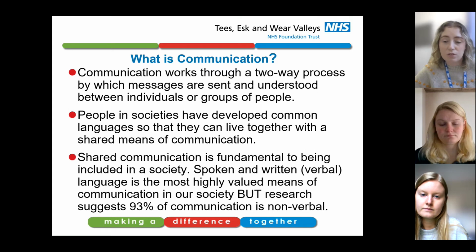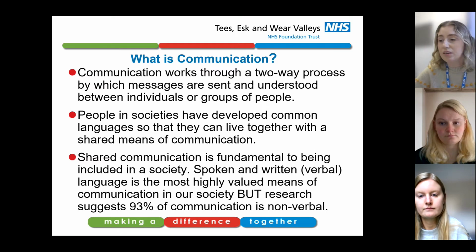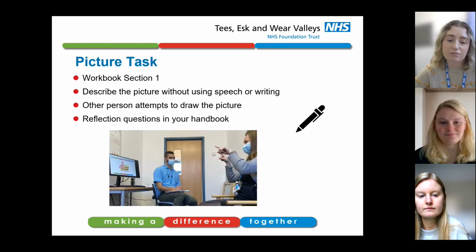But when it comes to some of the service users that we might be working with, they might be more comfortable or more reliant using other methods of communication, and that's not to say that that's bad or less valued, it's just different. But yeah, so for example, non-verbal communication like facial expression, for example.